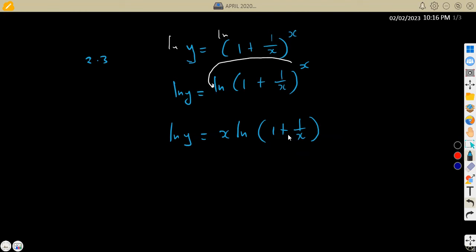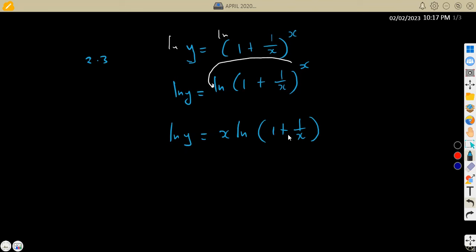So in this case, we have x ln(1 plus 1 over x). What can we actually do in this case? Can we say our derivative is actually found? No, because we just dropped the exponent at this stage.